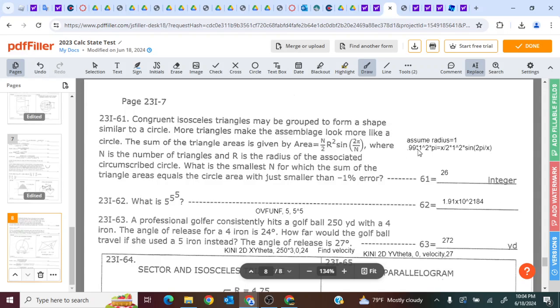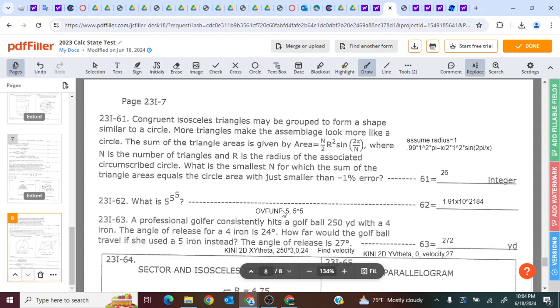So the area of your circle is 1 squared times pi, and then the area we're looking for is 0.99 times that value. So then you do the equation for the sum of your triangles, set them equal to each other, and round up to get an x value of 26.